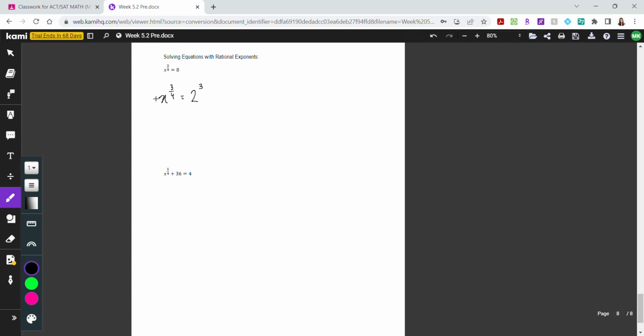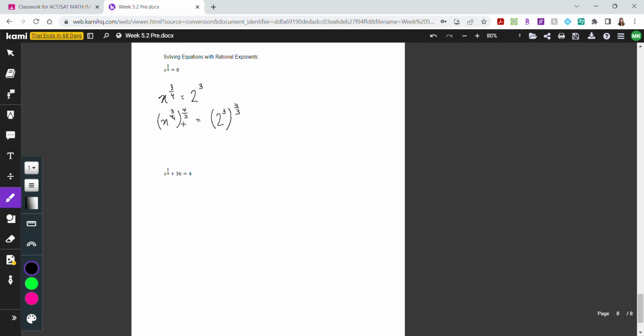So I'm going to power both sides with the reciprocal of 3 over 4, which is 4 over 3. So it's going to look like this. We have x to the power of 3 over 4, powered by 4 over 3, equals 2 to the power of 3, powered by 4 over 3.